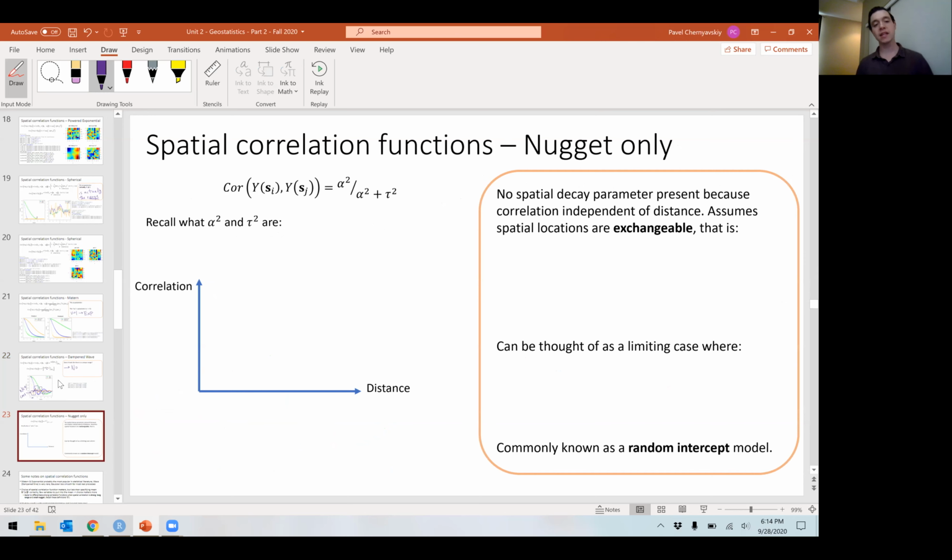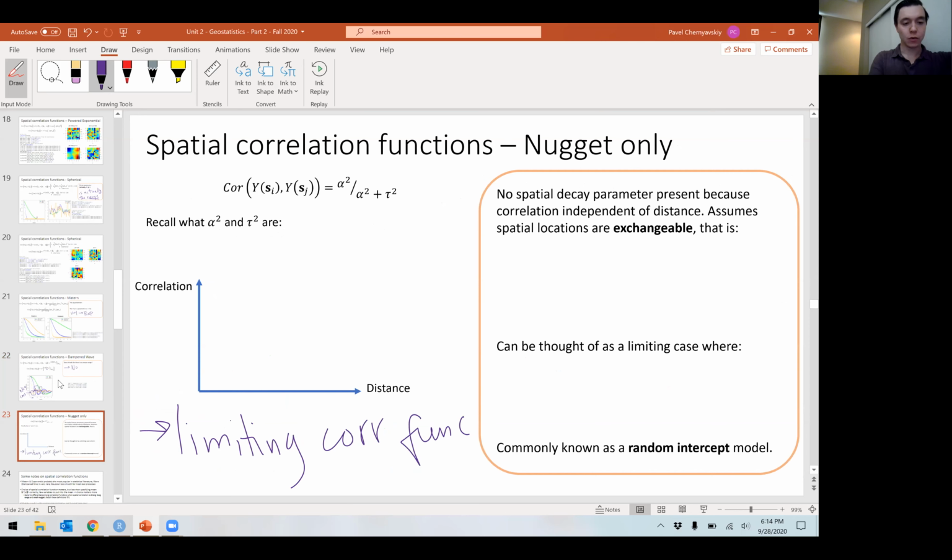So nugget only is a limiting correlation function when the range, not the range parameter, the range goes to 0.